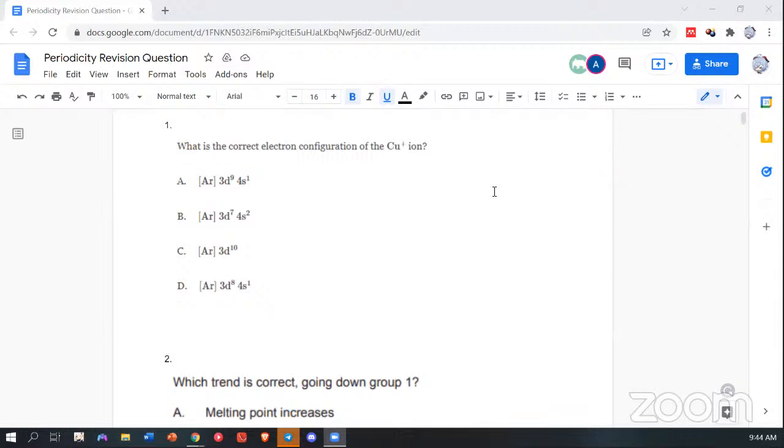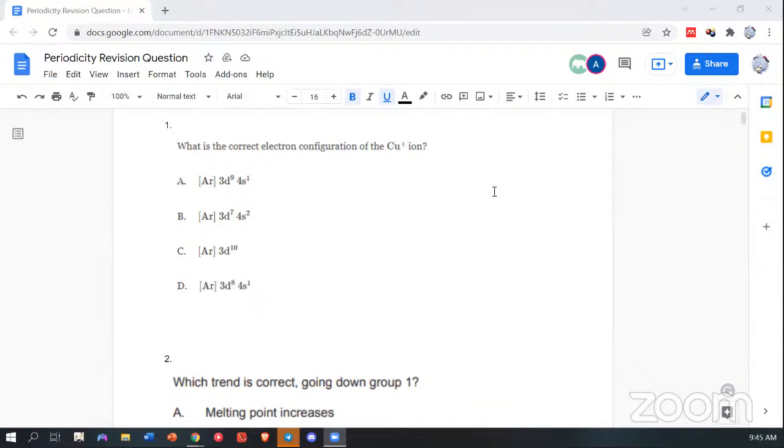If we can see Ar there, let's skip the first three periods and go to the fourth period, because Ar is at the end of the third period. So we count this way: 1, 2, 3, 4, 5, 6, 7, 8, 9, 10, and then 11, 12.